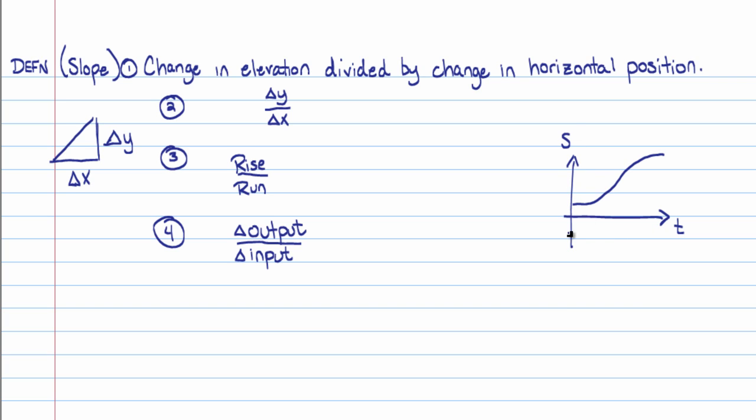Well, if the vertical variables, the up-down variables, are output, then the change in up-down is the same thing as the change in output. And the change going left-right, or in horizontal position, is the same thing as saying change in input. It's not necessary that you know this right now, but still a very nice way to think about it. All these are equivalent.